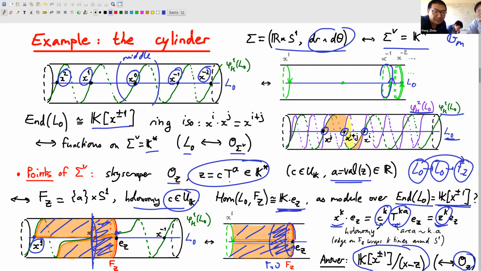Yes. So how do I know that the ring composition x_i times x_j equals x_{i+j} if I worry about the areas of the triangle? The fast answer is that these are all exact Lagrangians for the standard exact structure, and so the areas will be exactly canceled out by the actions of the generators.